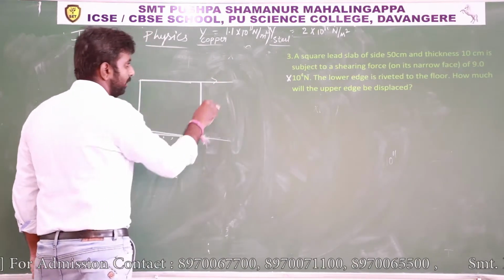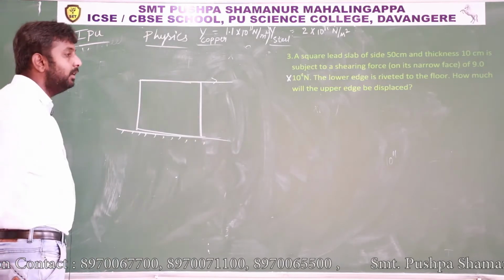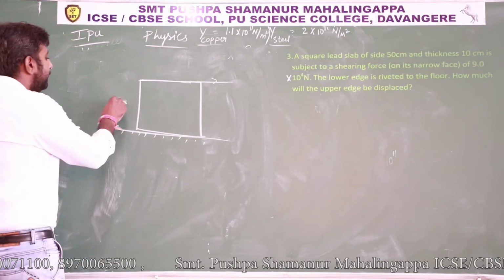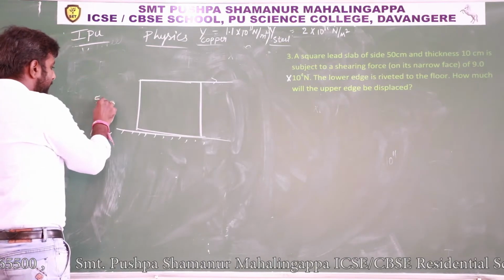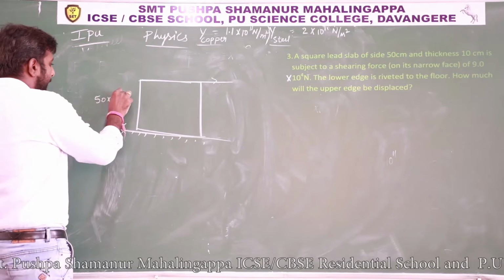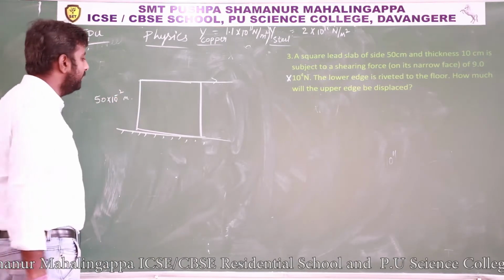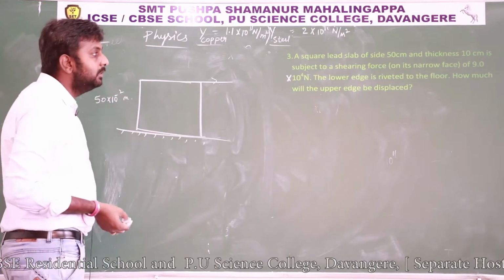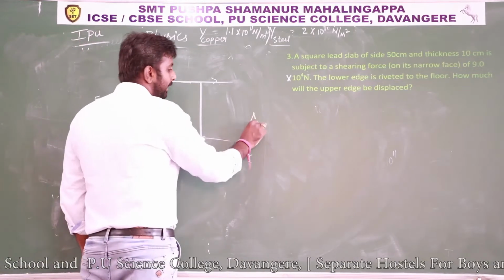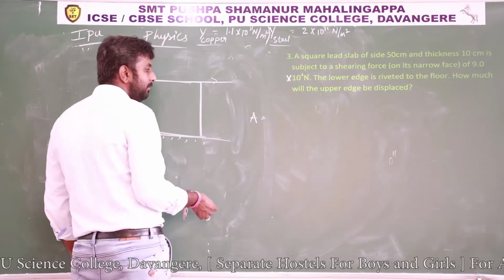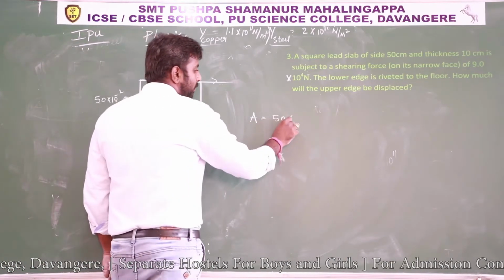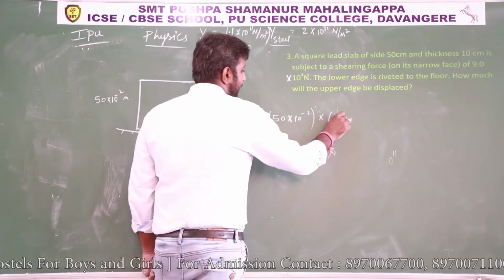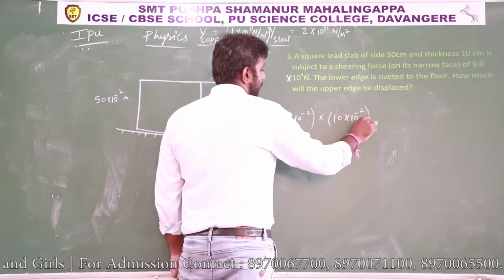Here we are applying a tangential force, or shearing force. Its side value is given as 50 into 10 to the power minus 2 meter, that is 50 centimeter, and the thickness is given as 10 centimeter. Then the area becomes 50 into 10 to the power minus 2 into 10 into 10 to the power minus 2.